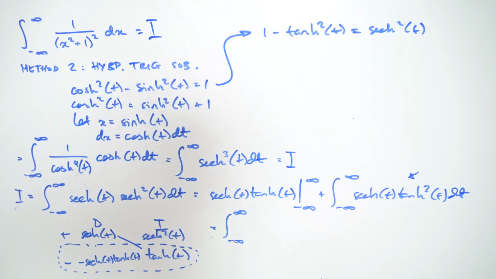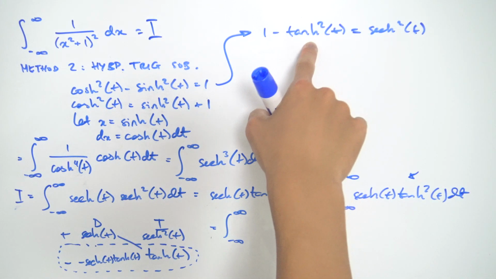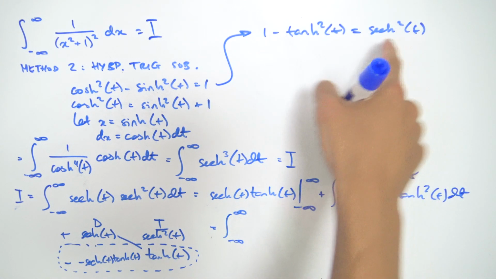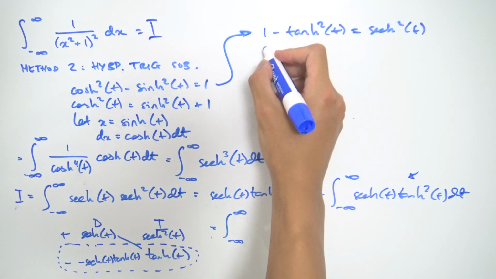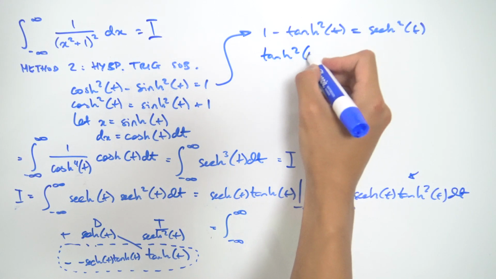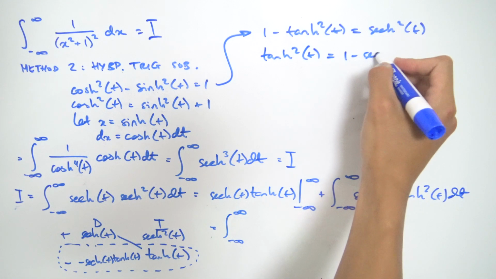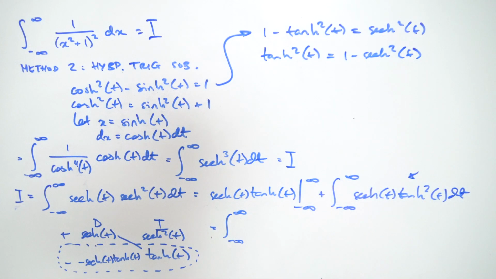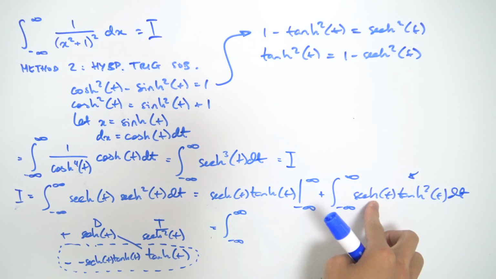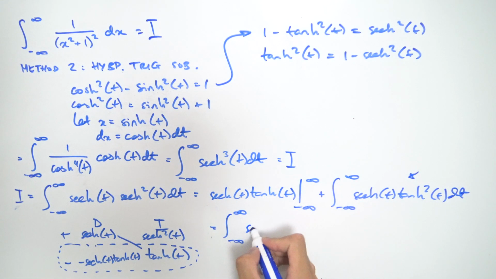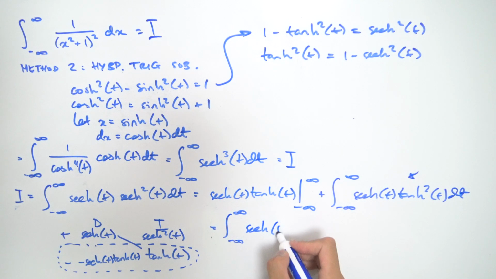And we can do a little bit of rearranging. If we bring the tan squared onto the other side and subtract sec squared on both sides, we get tan squared of t is equal to 1 minus the sec squared of t. And that's exactly what I'm going to substitute in. We're going to have sec of t multiplied by 1, so the first part is just going to be sec of t dt.